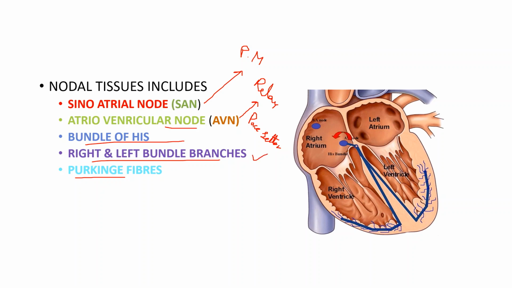The Purkinje fibers present in the walls of the ventricles are also considered nodal tissues, or modified cardiac musculature present in the heart. So these are considered nodal tissues present in the conducting system of the heart.